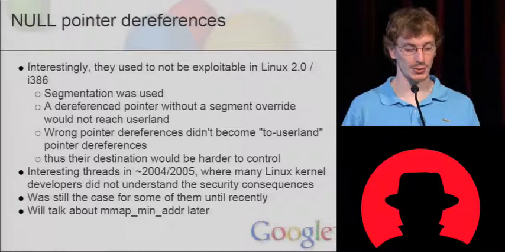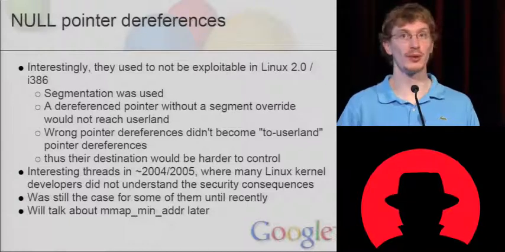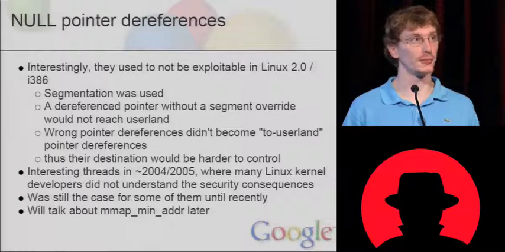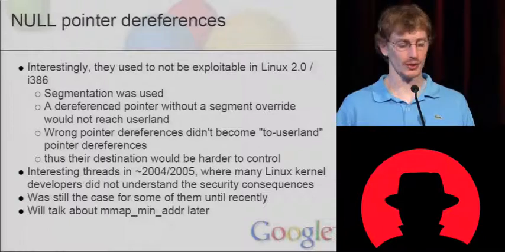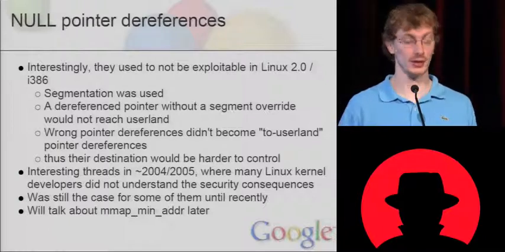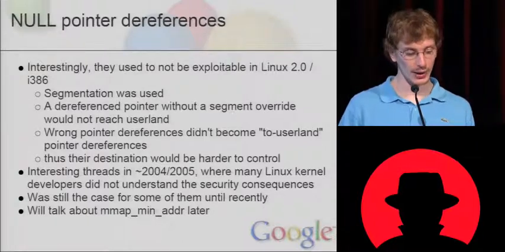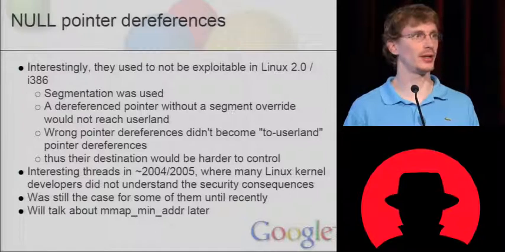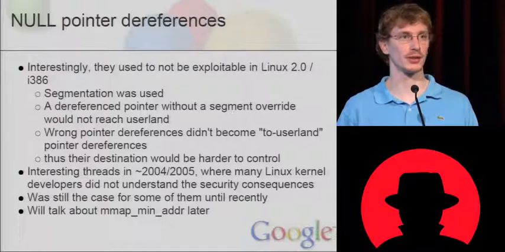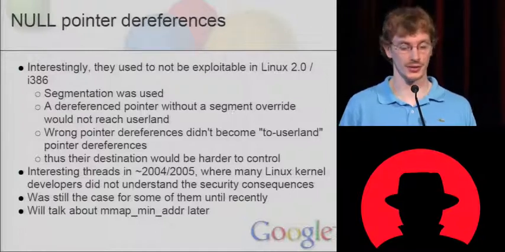So I don't know what happened, but for some reason a lot of people didn't think this was an issue. And it was very surprising because it was one of the most trivial and easy to understand issues, but many people didn't get it. And so even recently, a few even senior kernel developers in Linux didn't understand that.